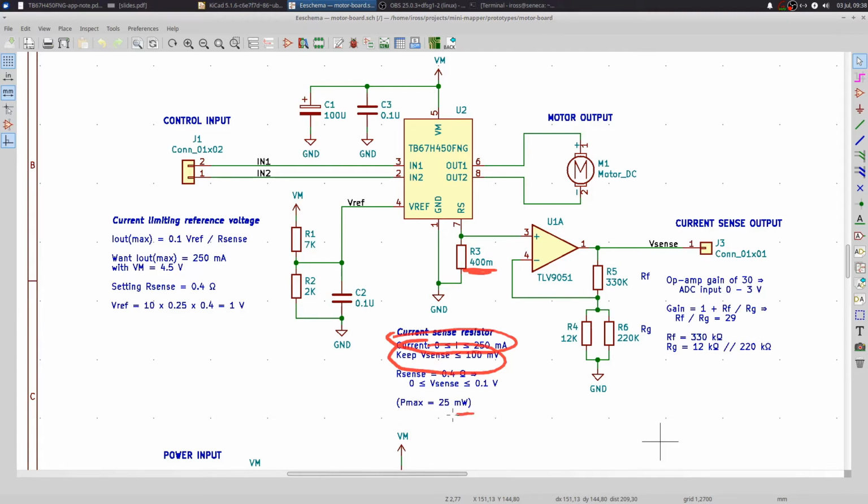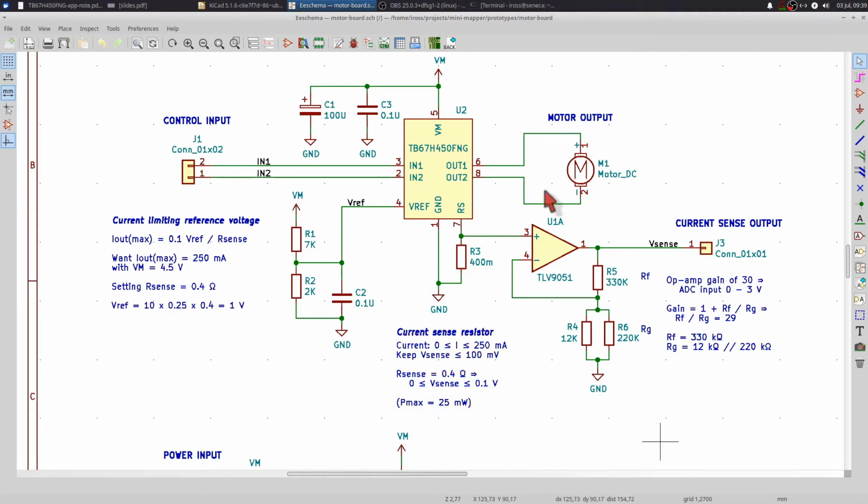And you can calculate the maximum power dissipation in that when the current through this thing is 250 milliamps, then the power dissipation is only 25 milliwatts. So that's little, and it's not a bother. So we're happy with that one.